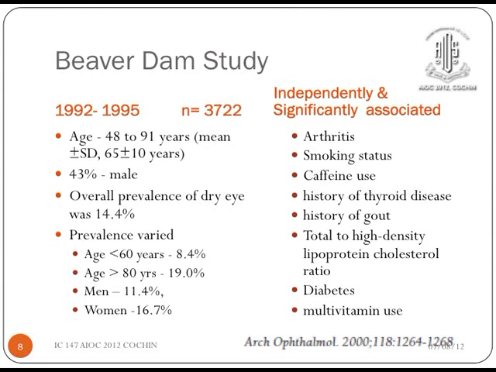Less than 60 years, the prevalence was 8%. More than 80 years, the prevalence increased to almost 20%. Women were more affected with ocular surface and dry eyes than men. And other systemic factors and lifestyle also independently affected the dry eye disease in this group.